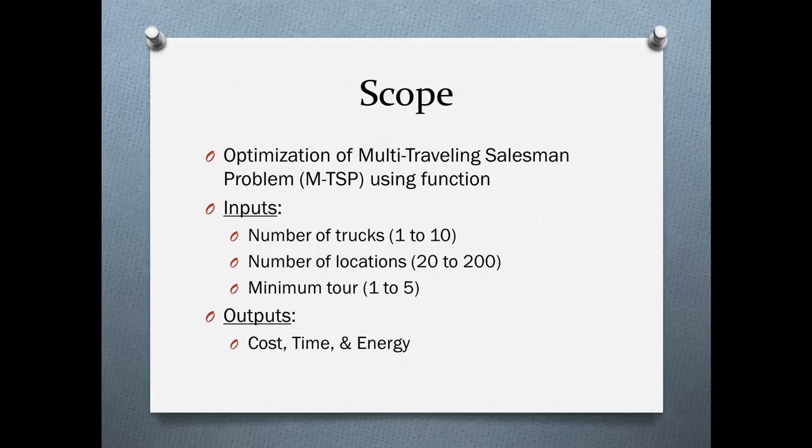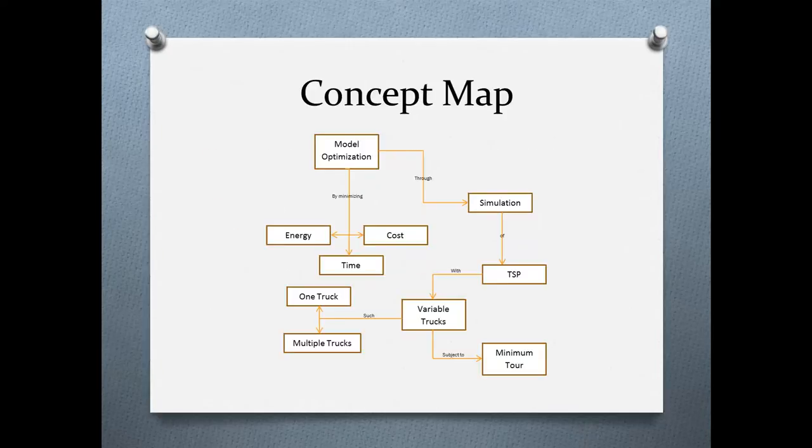In other words, I wanted to take what I have listed here as my inputs: my number of trucks, in this case, for the sake of the DOE, we ran it 1 to 10, my number of locations, again 2 to 200, and my minimum tour, just meaning how many locations every truck has to take at minimum, of 1 to 5. And I want to create a function that can take these inputs and spit out an answer without having to go through a lengthy heuristic, such as I'll show you here in a second.